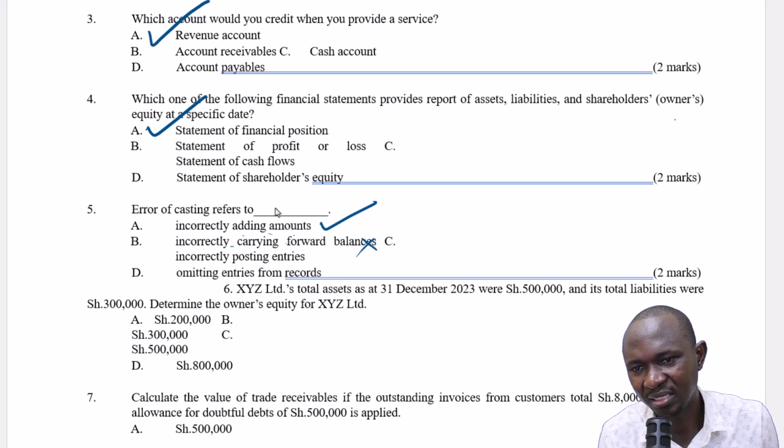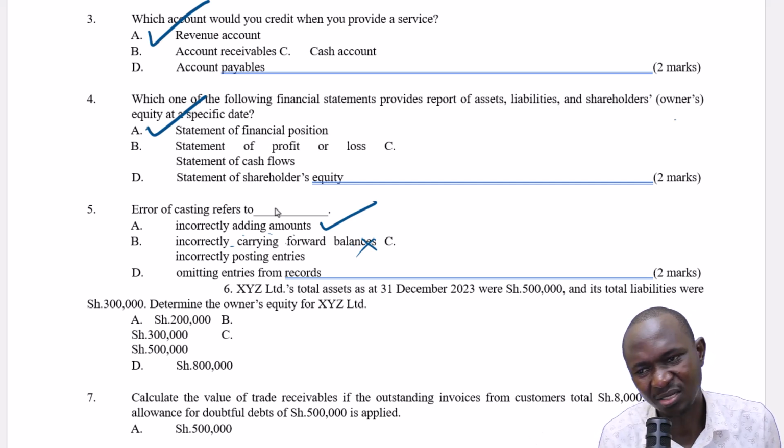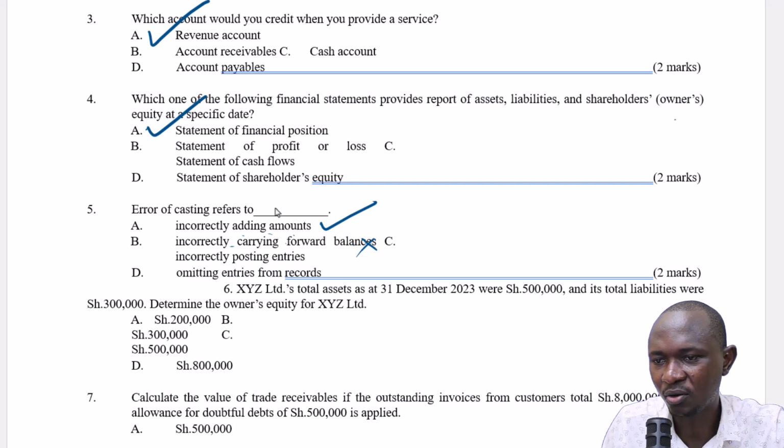But casting is as a result of adding figures incorrectly. Then omitting entries from record, that is error of omission. Carrying forward balances, that's neither here nor there. Error of casting refers to A, that is the correct answer, incorrectly adding amounts. And normally we talk of overcasting or undercasting.